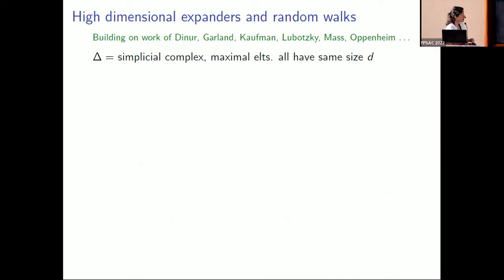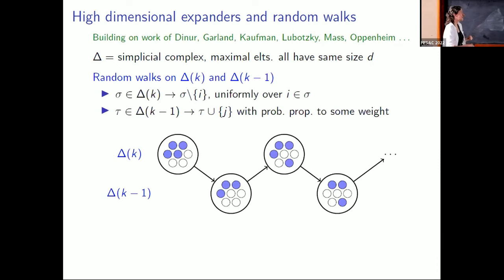So if you start with a simplicial complex that's pure of some dimension, so all of the maximal subsets that appear have the same size, I'm going to define the following random walk between faces of k elements and faces with k-1 elements.